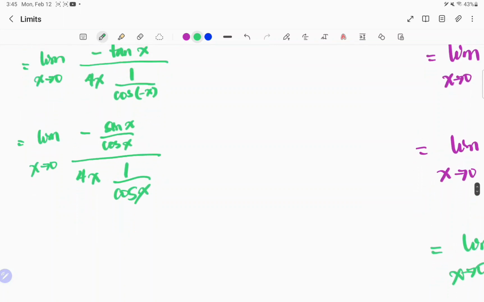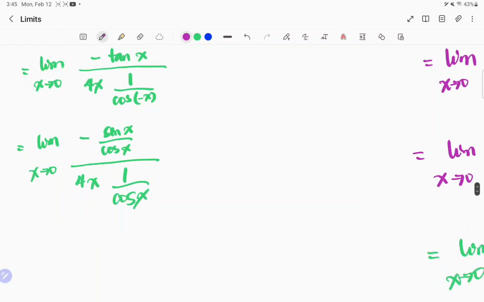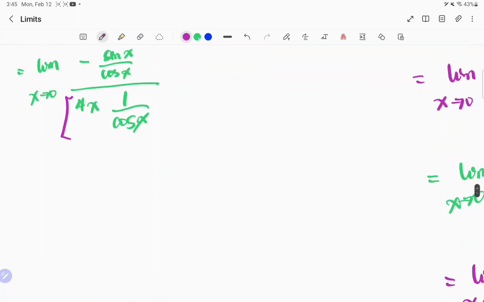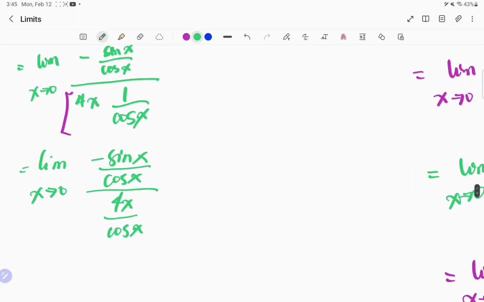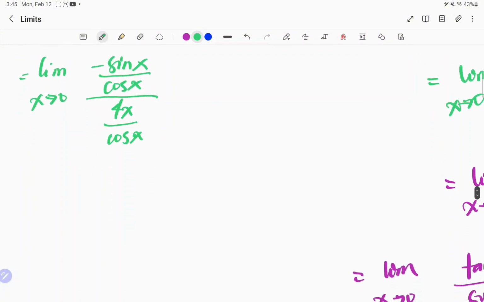Now we have to simplify the denominator. We have to multiply 4x to 1 over cosine x. It will become the limit of negative sine x over cosine x all over 4x over cosine x as x approaches 0. And then we can simplify the function by taking the reciprocal of the denominator and multiplying it to the numerator.